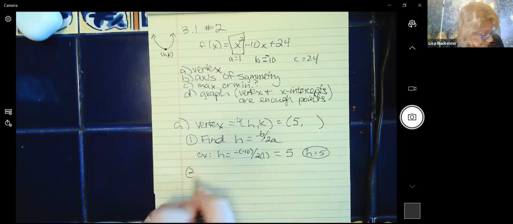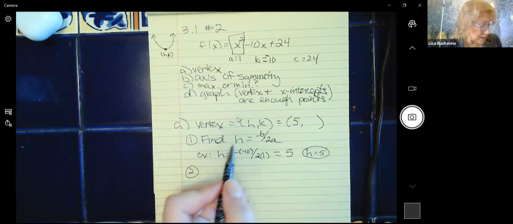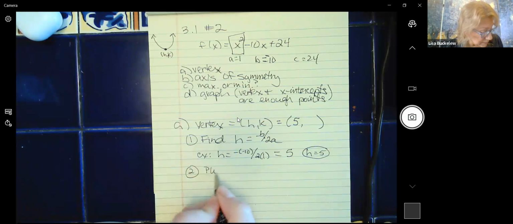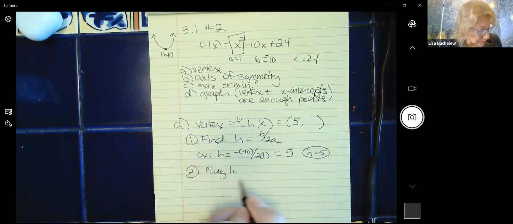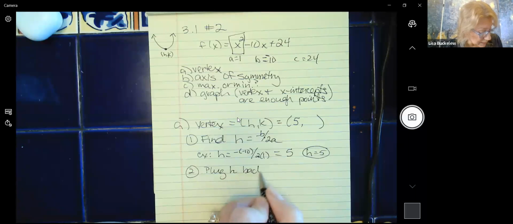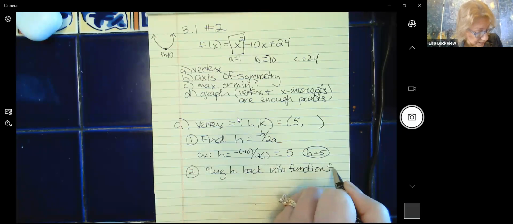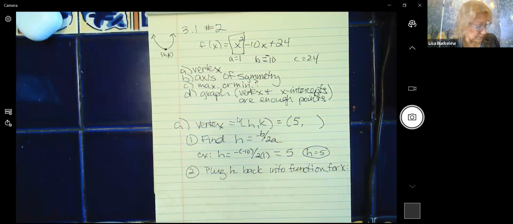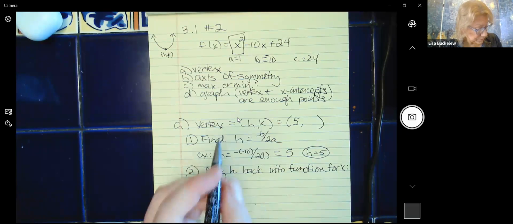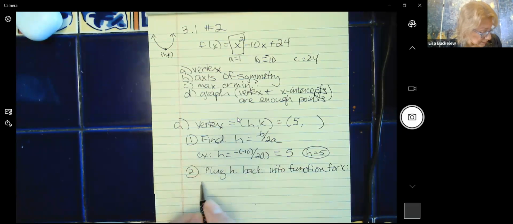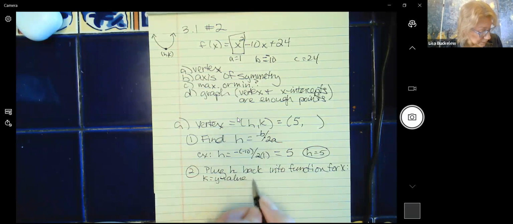So step 2, now that you know H, plug the H that you just figured out back into the function. So that function is just that expression for the X, and then work it out. That's your Y value. And that will be K. So K is just the Y value when X equals that H number.